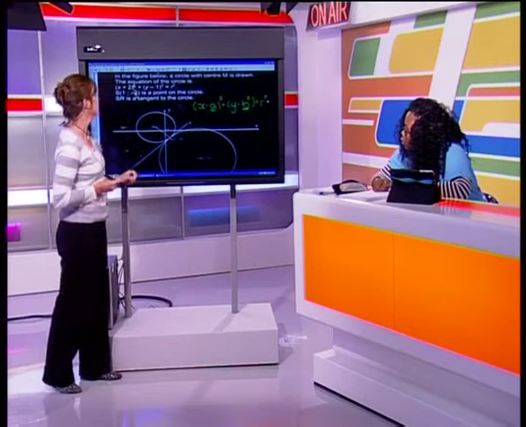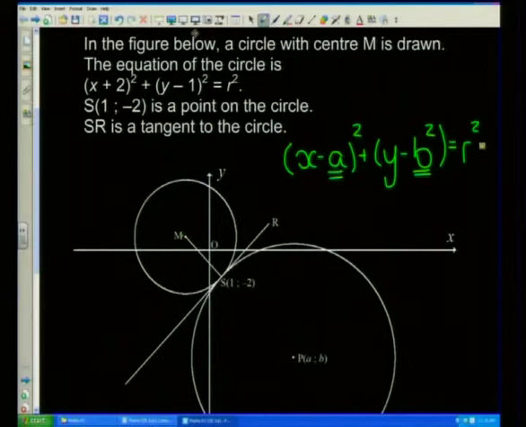So bearing that in mind, let's have a look at what they've given us over here. We've been told that x plus 2 squared plus y minus 1 squared equals r squared, and that's the equation for the circle that has the center M. Right, so we're looking at the smaller of the two circles over there.